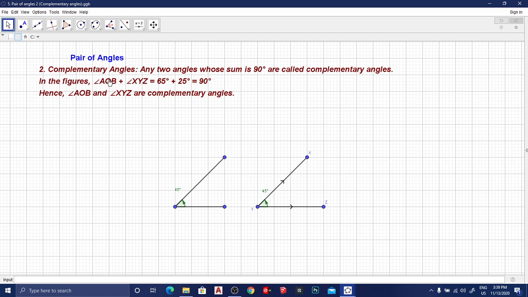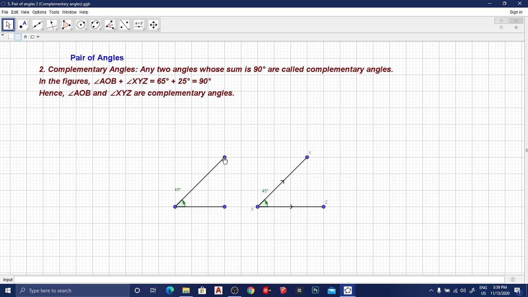In this figure, I have taken AOB. Angle AOB plus angle XYZ, here I have taken 65 plus 25. You can also take 45 plus 45, which is also 90. So these two are also complementary angles.